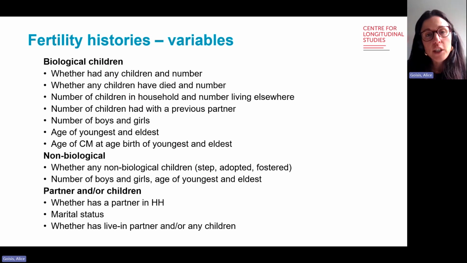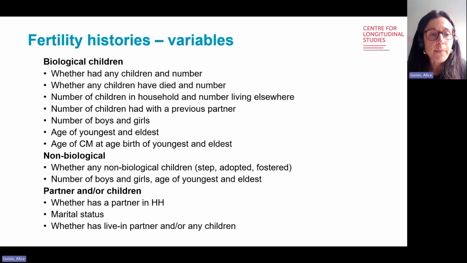So moving on to fertility histories. In the fertility histories data set, for each sweep of data collection and for each cohort member, we are creating the following variables. Whether the cohort member has any biological children, and if so, how many, and whether any of the biological children have died.